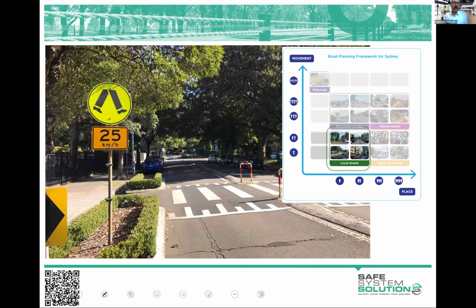Local streets category, because it's low place value, it's low movement requirement. Now, you don't go out and tell the residents of the local streets that we think of their street as low place value, because place is that whole of community place, as I talked about, trade, socializing, interacting, all of that sort of stuff. But when you are in these categories, you can really start to reduce the speeds of vehicles through because of that lower movement requirement.